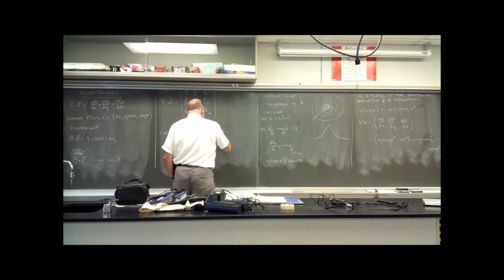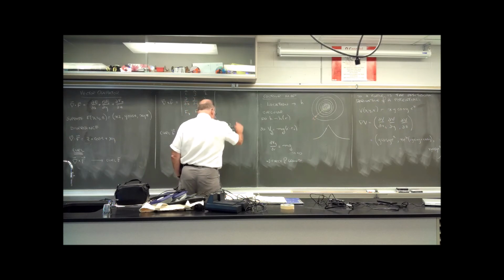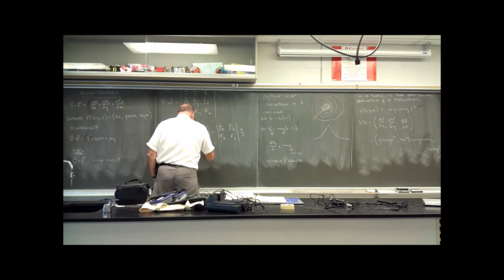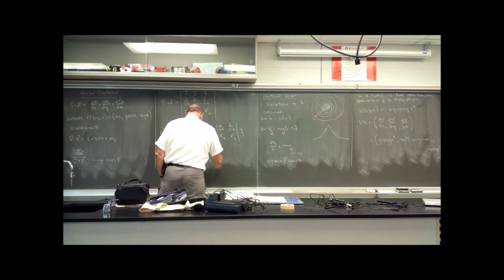And then we have ∂/∂x, ∂/∂z, and fx and fz. And this is j hat. And finally, plus, and now we have ∂/∂x, fx, and ∂/∂y, and fy. And this will be k hat.